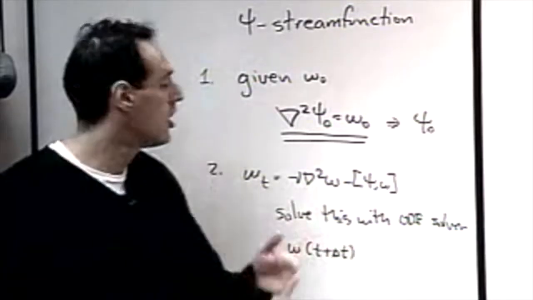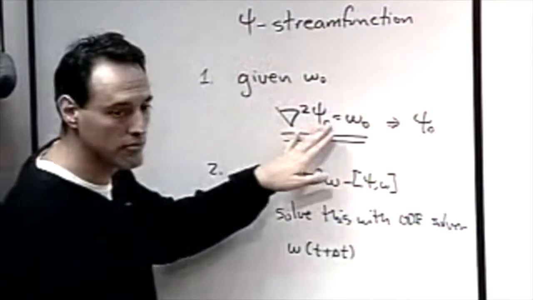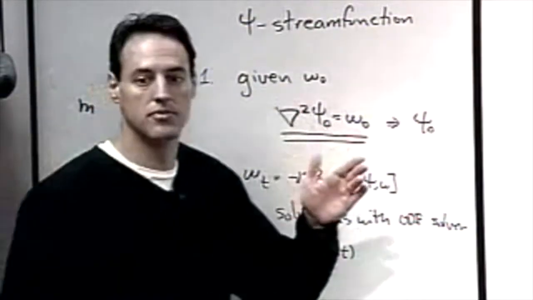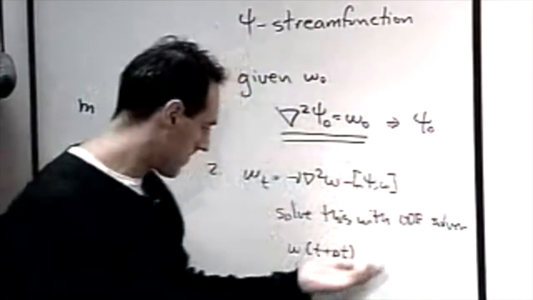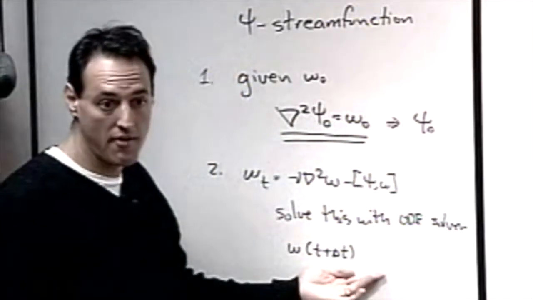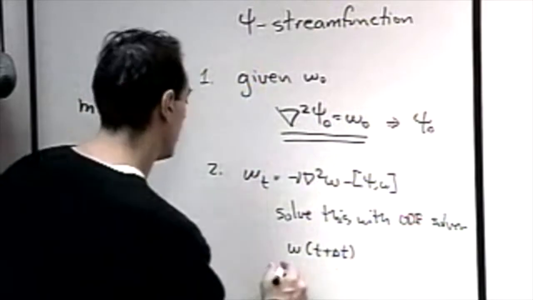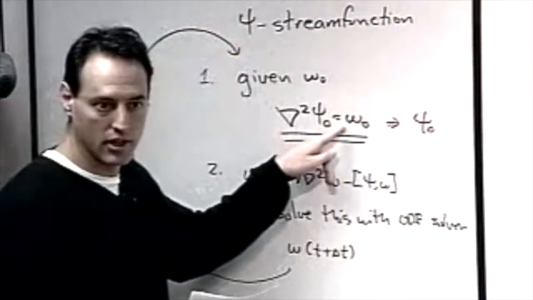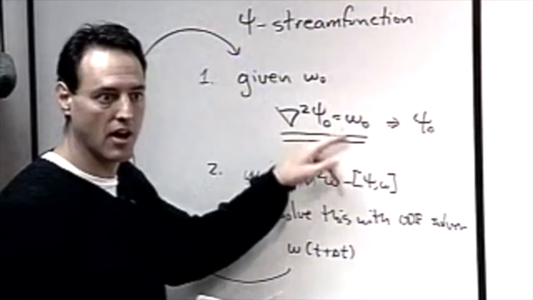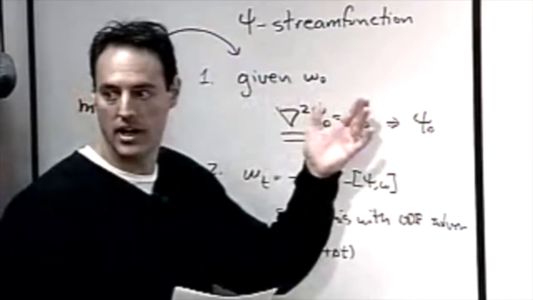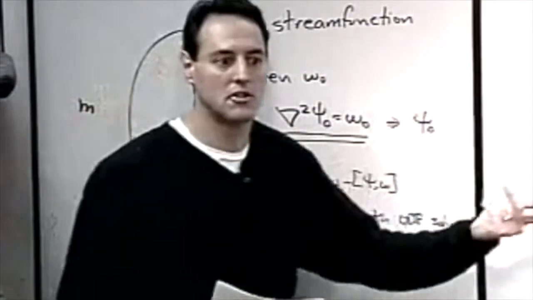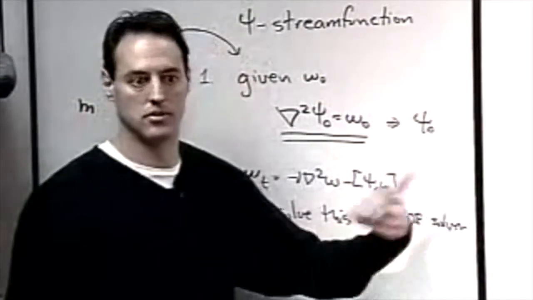So I've just updated. I have my stream function, I have my vorticity. This allows me to take a step delta t into the future for the vorticity. Well, once I have the vorticity delta t into the future, I can just make this a loop. Then I can come back, calculate the stream function in the future. I now have the stream function and the vorticity at delta t in the future, which allows me to calculate the vorticity 2 delta t into the future, and so on and so on and so on.